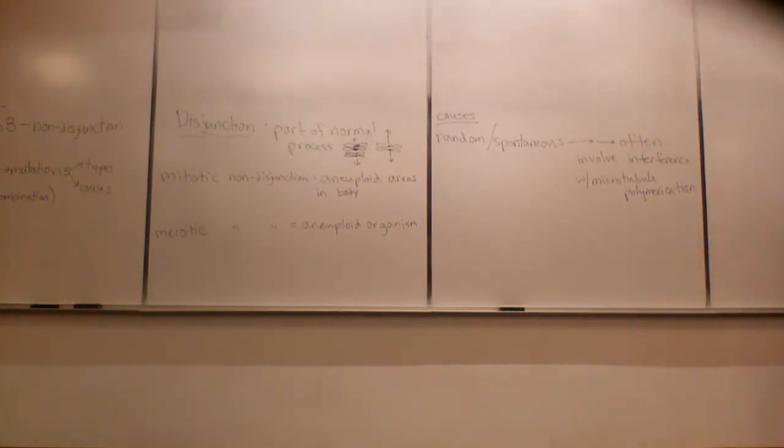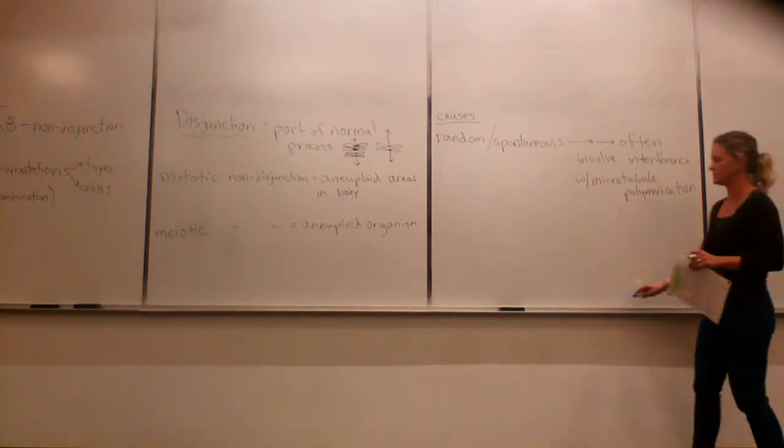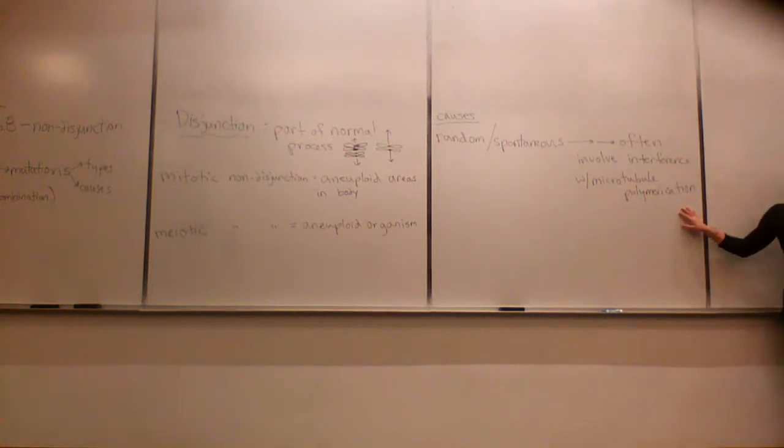That's kind of a major failure of a basic cellular process, right? Because we need microtubules for lots of things, including cell division and properly aligning our chromosomes and all of that. So when this happens, you have lots of other things going wrong as well inside of the cell.